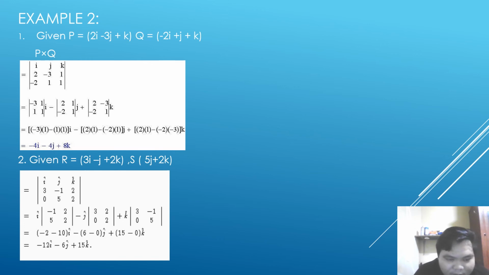So we cross: negative 2, negative 2, negative 2 times negative 2, negative 10i minus 6 minus 0j plus 15 minus 10 minus 0k. So we get the final answer is negative 12i negative 6j plus 50k. So that's all for me. Thank you. I will give to Danish to finish the conclusion.